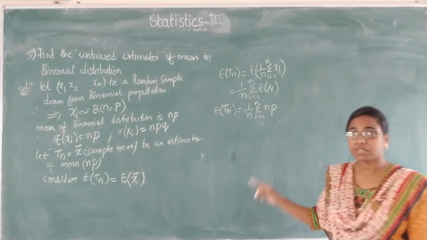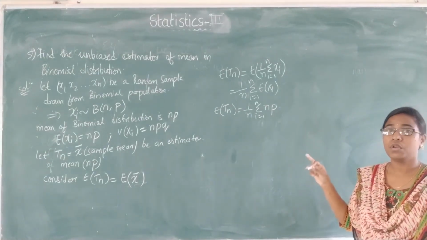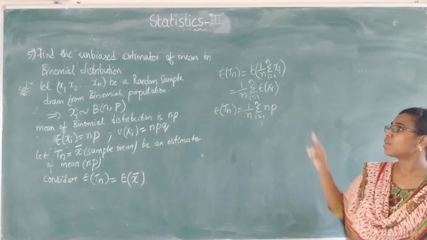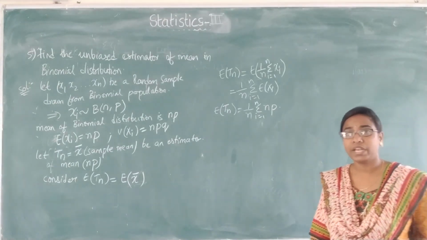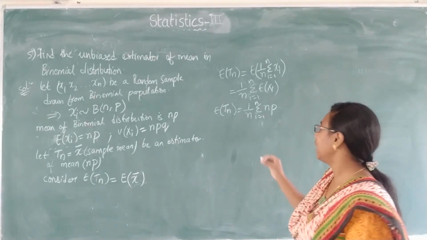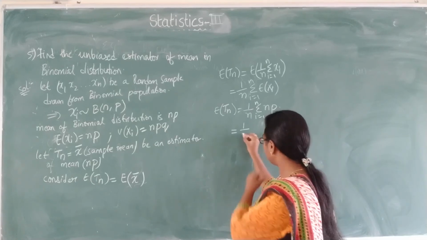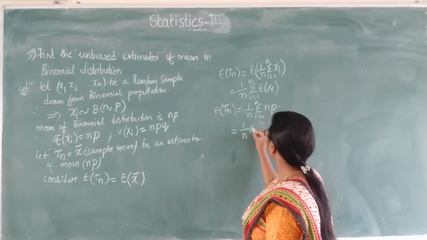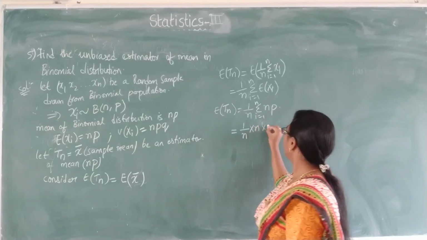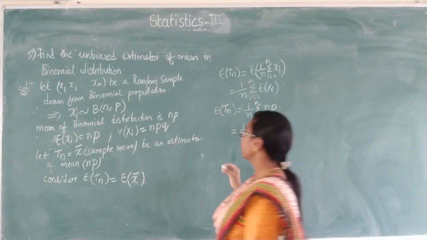Now, are there any i terms to substitute in the summation? No. So in place of summation i equals 1 to n, I can write simply n because there are totally n terms. So this is equal to 1 by n into NP. So n and n gets cancelled.